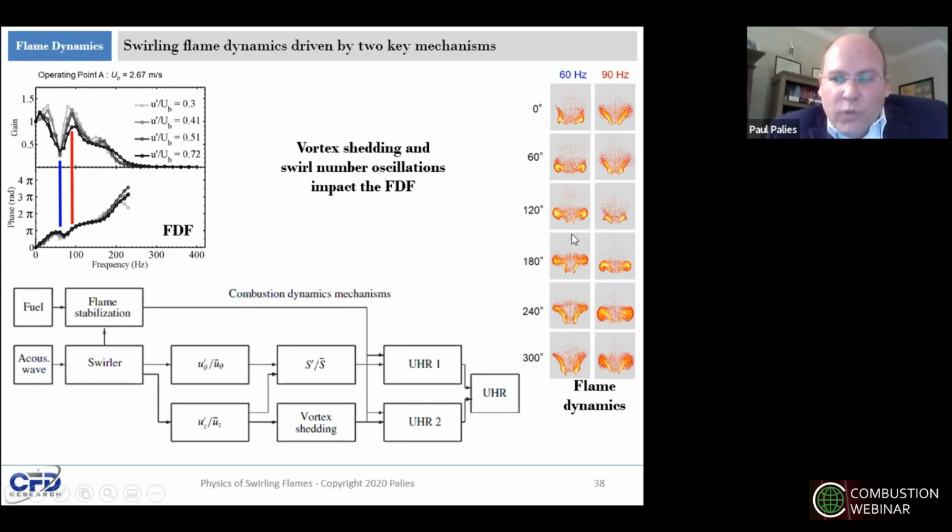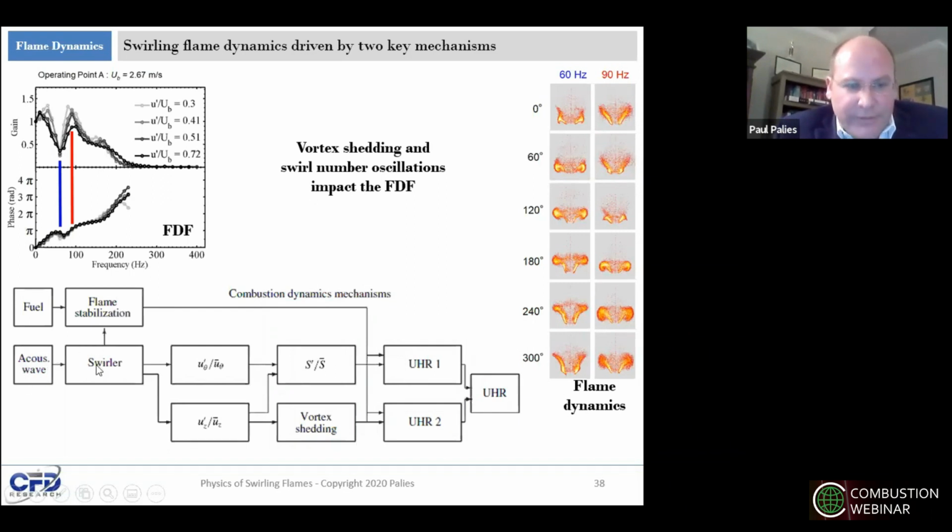And this work led to the identification of vortex shedding and swirl number oscillation impacting the FDF. You have the flame dynamic plot depicted on the right of this slide, and you have a block diagram that explains what the key mechanisms are. So I will go through this diagram.